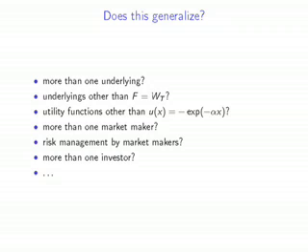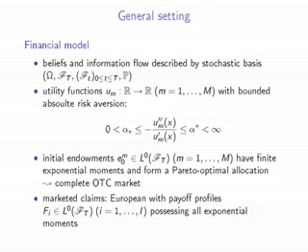So how do we generalize this? Well, let's see. Of course, we give ourselves a general setting, first of all. This is the usual one of a filtered probability space, where we have an information flow described by some filtration. We now have our market makers, and yes, they don't have exponential utility, but they have utilities which are not too far off.